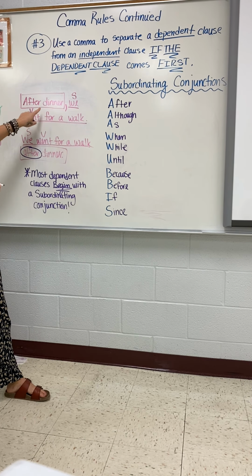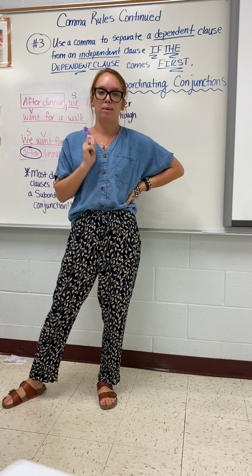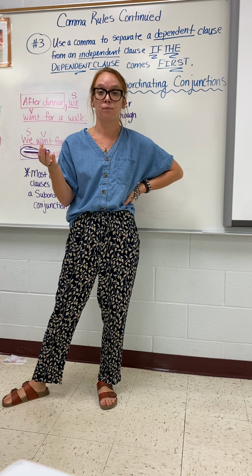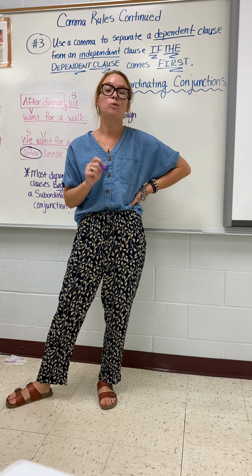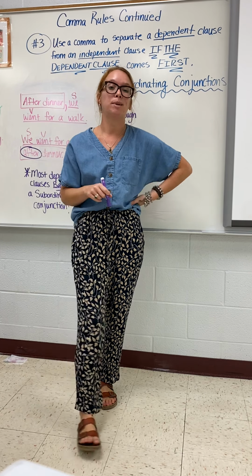You've probably had a teacher at some point tell you, never answer a question by starting with the word because, right? The reason they told you that, guys, is because if you just said, because I was hungry, that is a dependent clause, therefore it is an incomplete sentence. However, if you will begin the sentence and make sure you still have the independent clause in there, you can start a sentence with because.